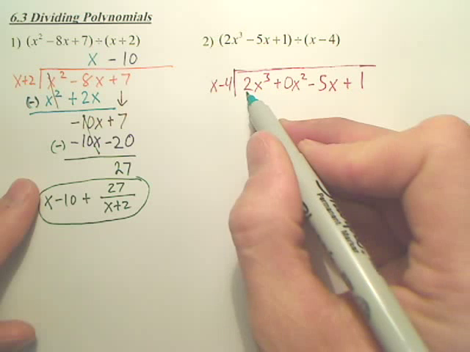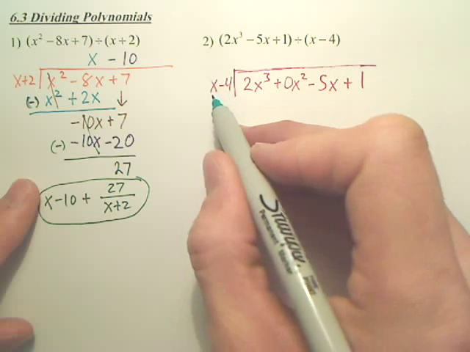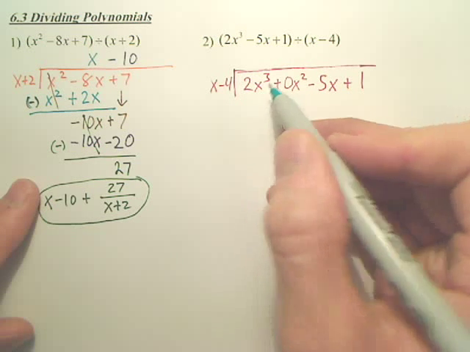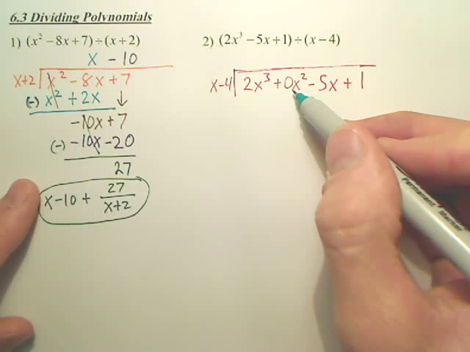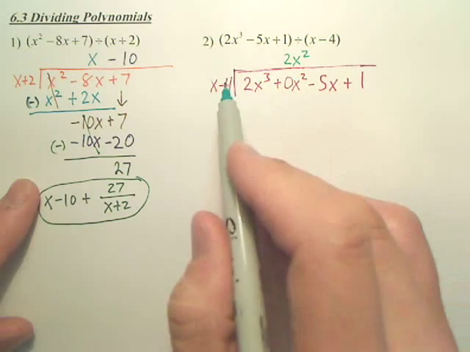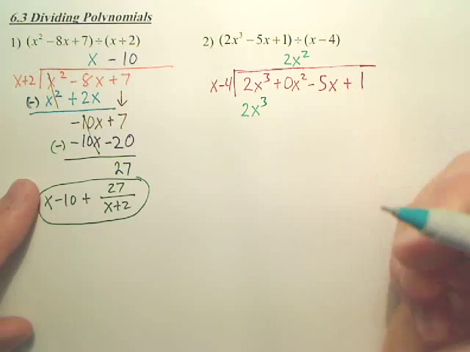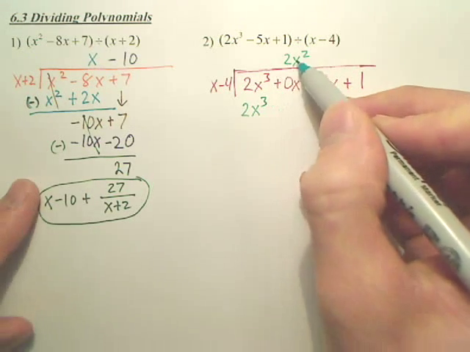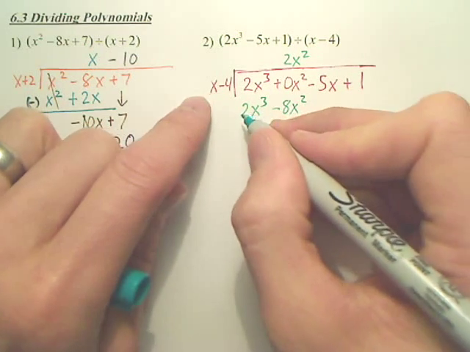Okay, we want x to become a 2x cubed. What do you got to multiply x by to make it a 2x cubed? 2x squared. Now, if it's 2x squared, what column is x squared? Isn't it right there, the second one? So 2x squared goes in the x squared column. 2x squared times x gives you 2x cubed, correct? 2x squared times negative 4 gives you negative 8x squared.